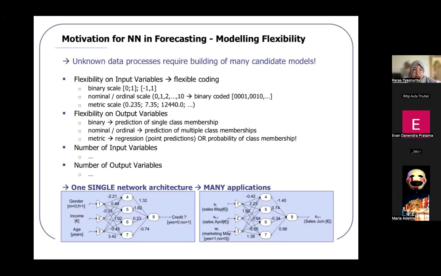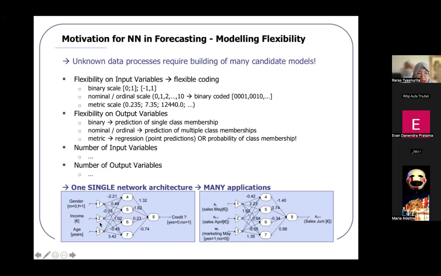Right. So we have this modeling flexibility. So we have input, process, outputs. How many variables in the input, how many nodes in the process, how many variables in the output.